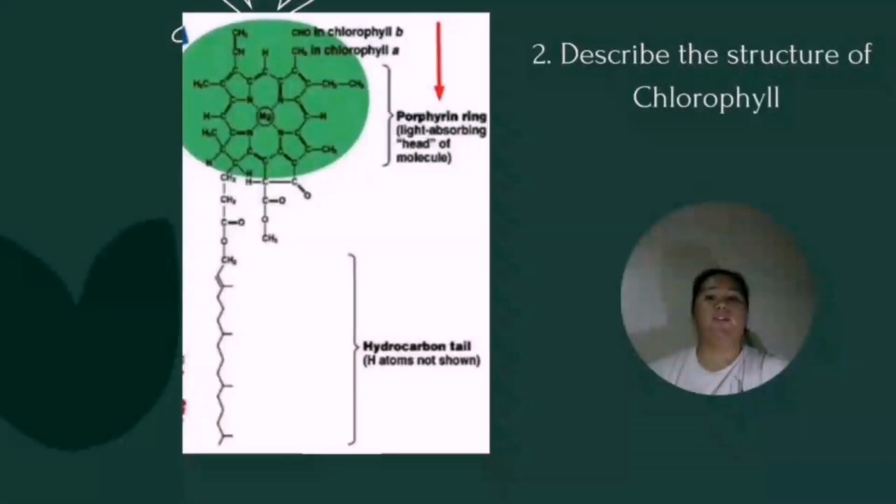Now let's take a look at the structure of the chlorophyll. In the upper part of the structure, we find a porphyrin ring, which is the head of the molecule. Attached to the porphyrin ring is the C20 hydrophobic chain, which makes chlorophyll fat-soluble and insoluble in water, and it interacts with the proteins of the thylakoids.